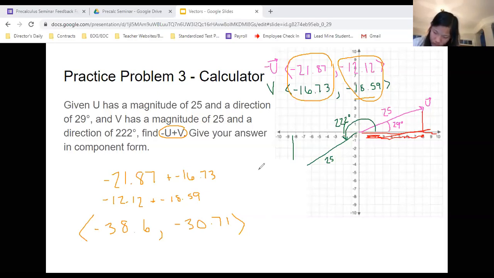Did you plug in 42? Let's see, I did this in my head, so I might have made a mistake here. Let me work it out real quick.